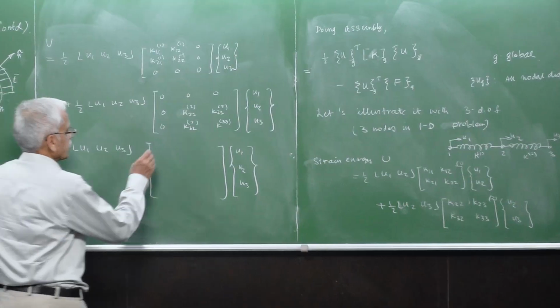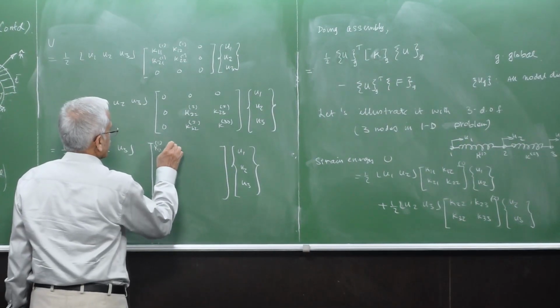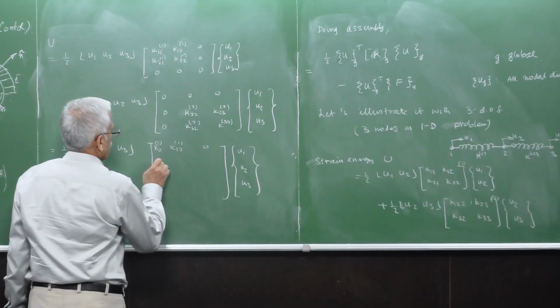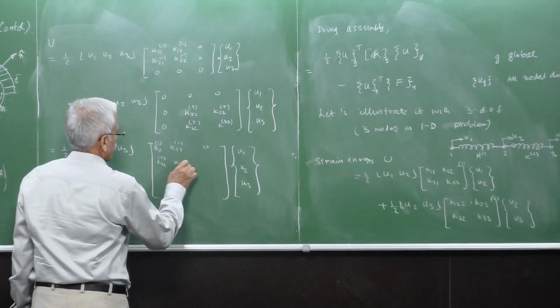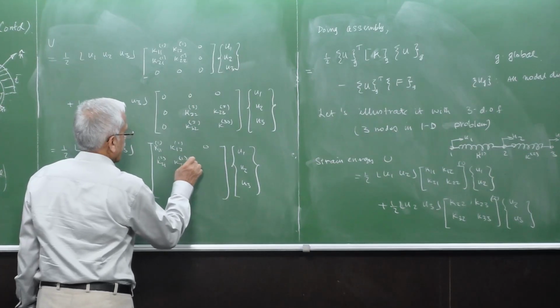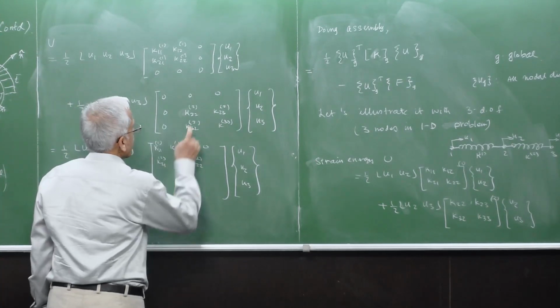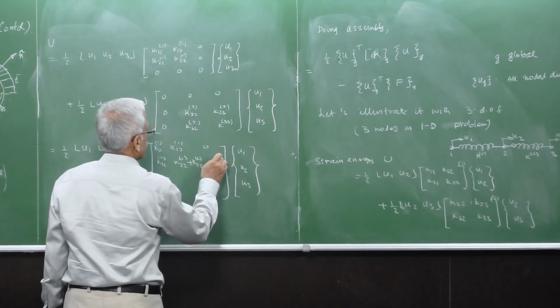So it is K11 of 1, K12 of 1, 0, K21 of 1, K22 of 1, and we add K22 of 2 also here, and K23 of 2.